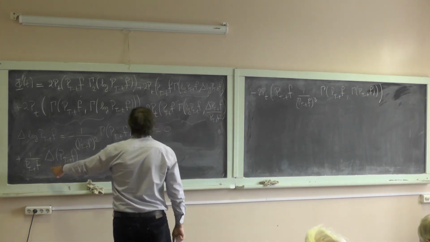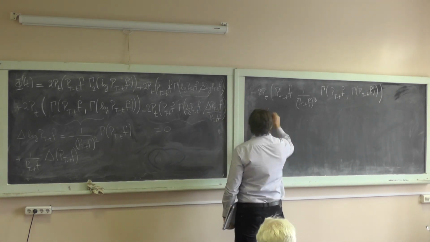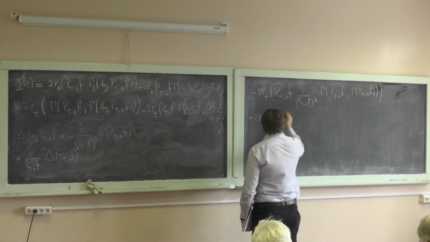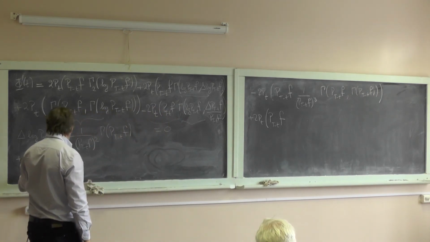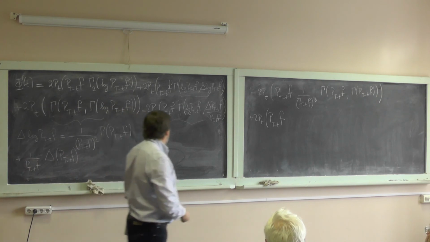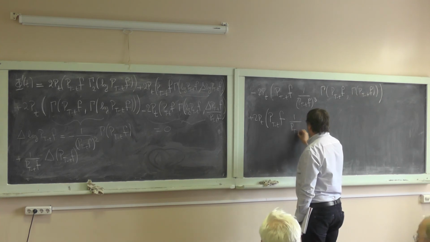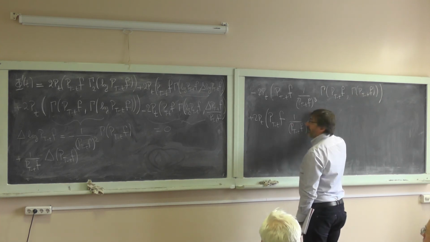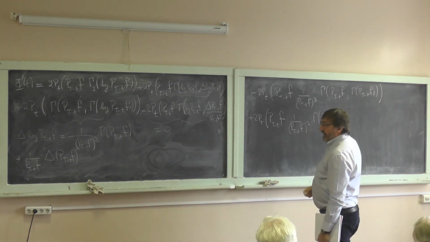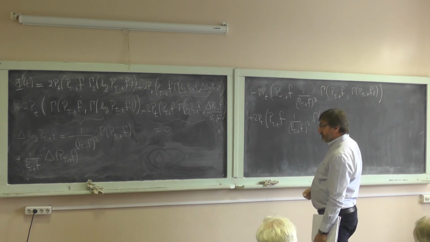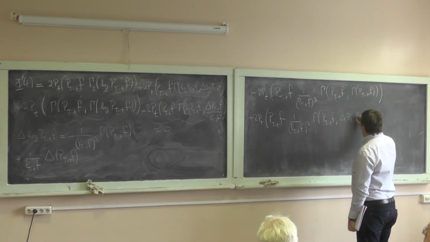Then I have the second term. The second term produces plus 2pt, and again I have p minus pf here, and now I have 1 over pt minus pf, gamma of p minus pf, and then I have the Laplacian of p minus pf.